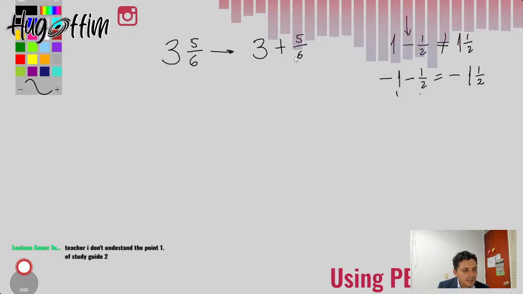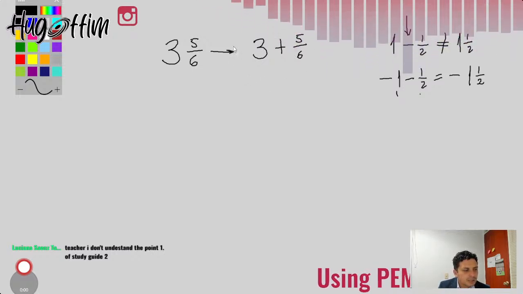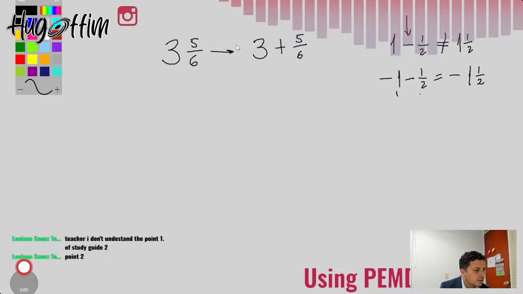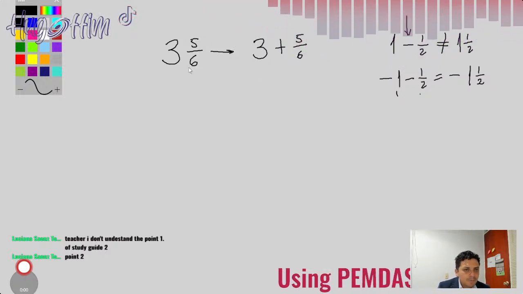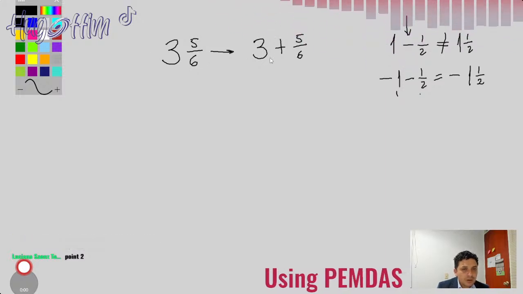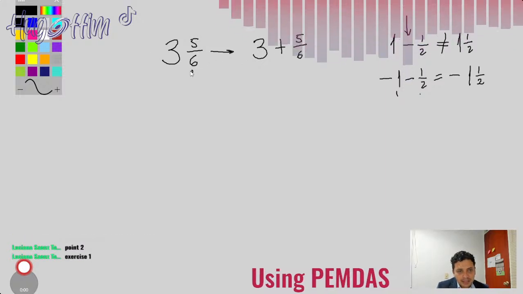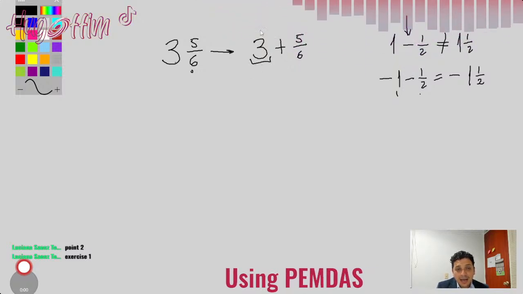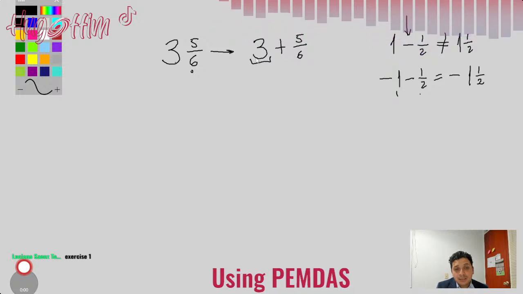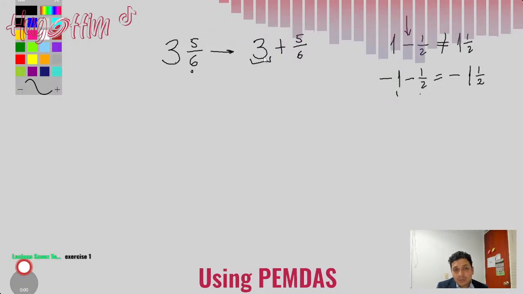Okay, study guide 2.1. Give me a minute. Now, to convert it, you just need to multiply 6 times 3, because it's like having this whole number as a fraction over 6. So if you want it as a fraction over 6, you multiply by 6.